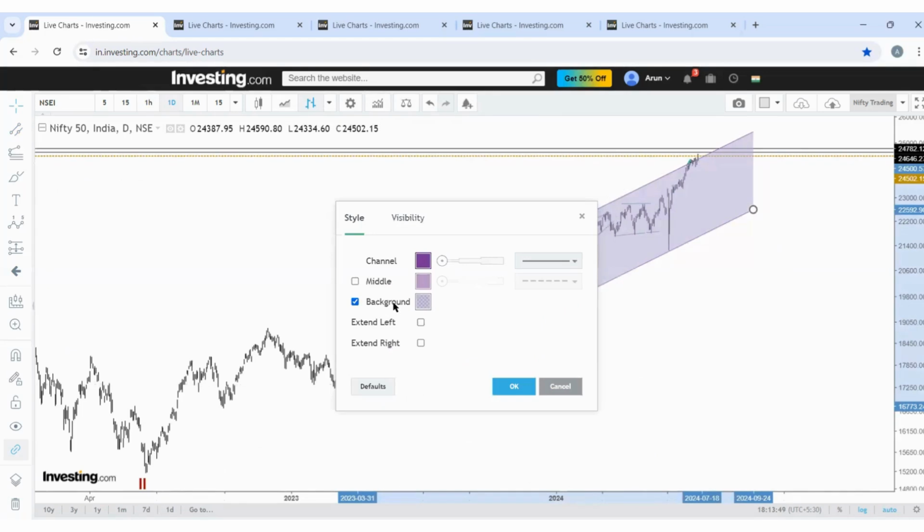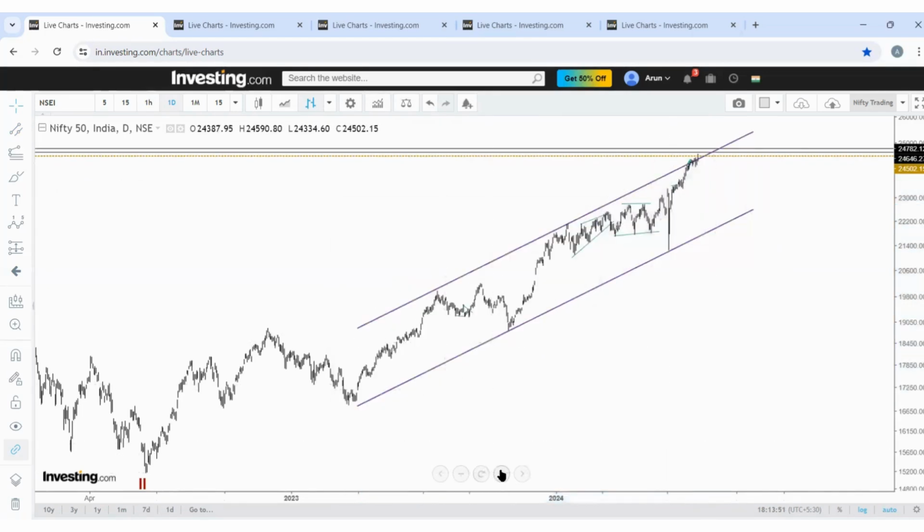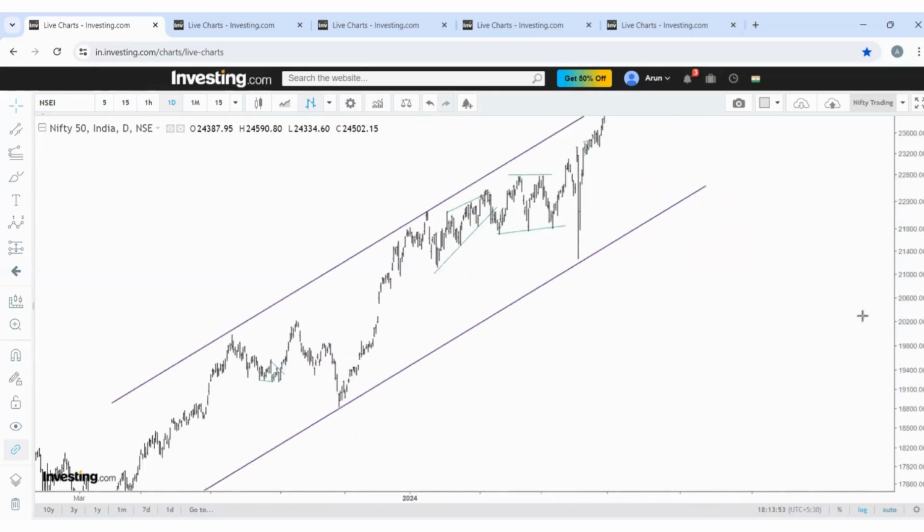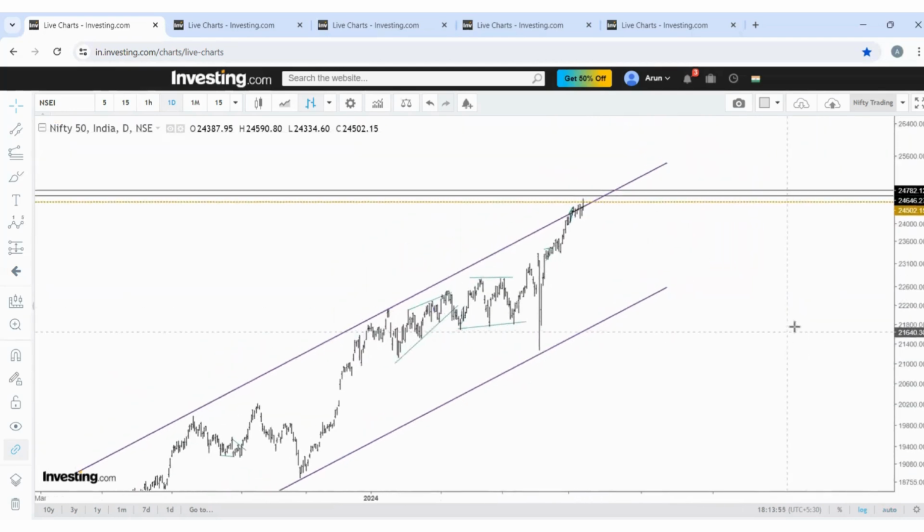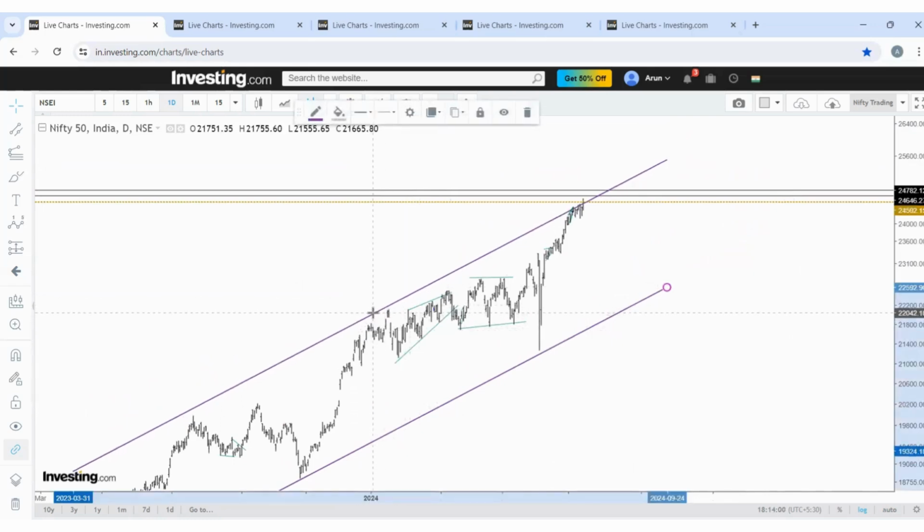Even if I adjust to the latest highs, the price is already at the important resistance only. There will be a double touch. Most of the time it will touch two times, or it may come like this and touch. There are two possible ways, but most of the time it will get two touches on the channel and come lower.